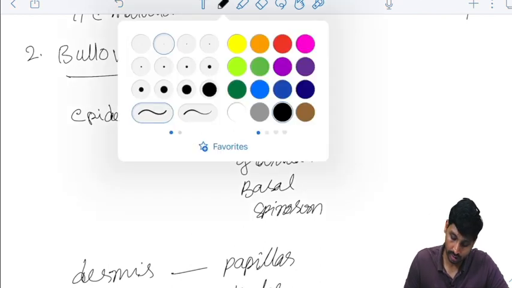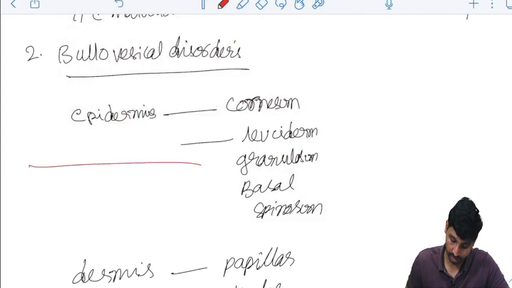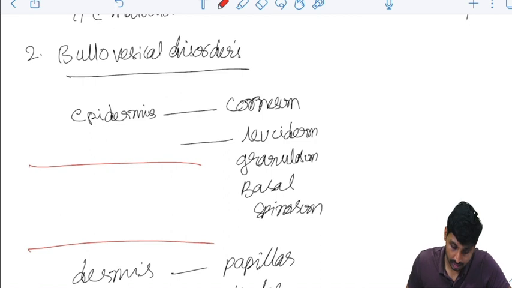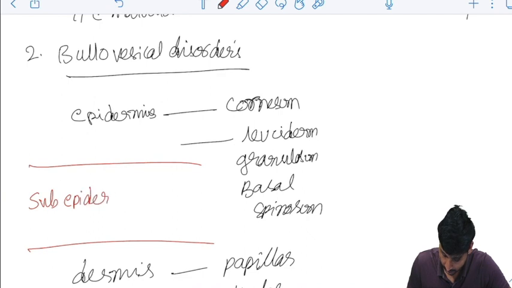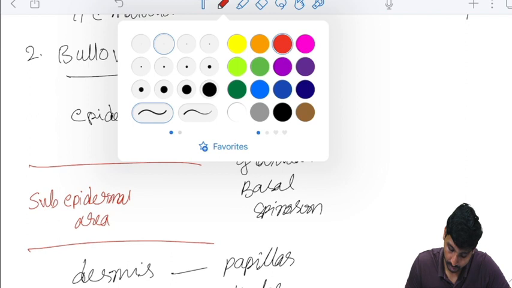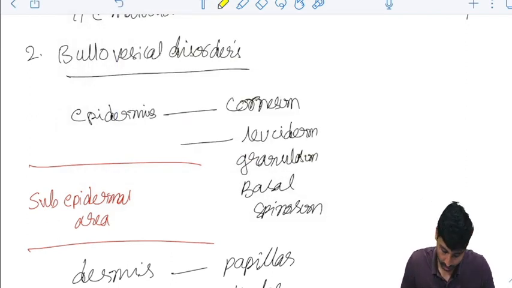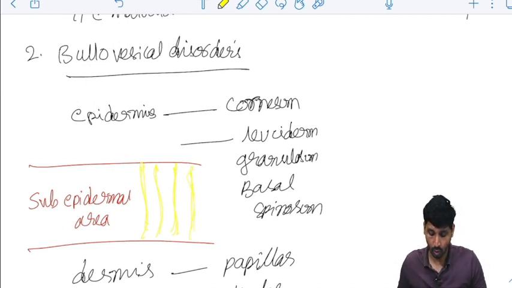So, these two are connected by what? The space between the epidermis and dermis is called the subepidermal area. This is where the hemidesmosome exists, in the space which connects the epidermis to the dermis.